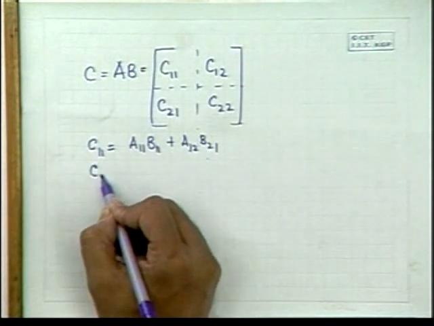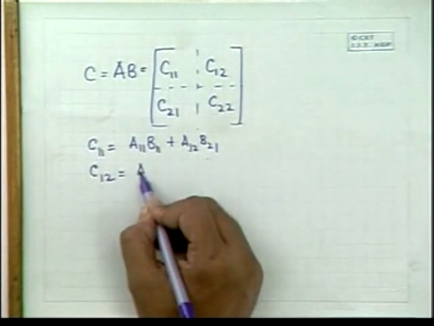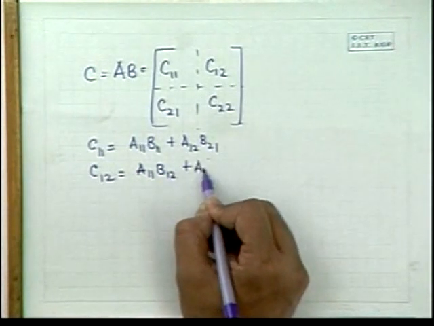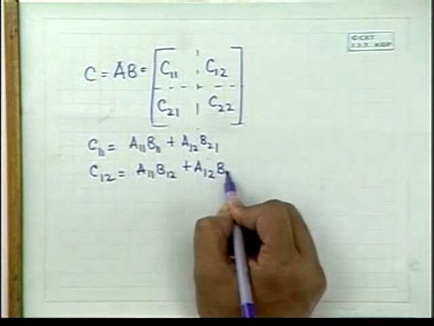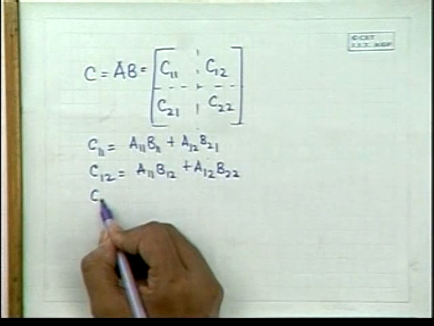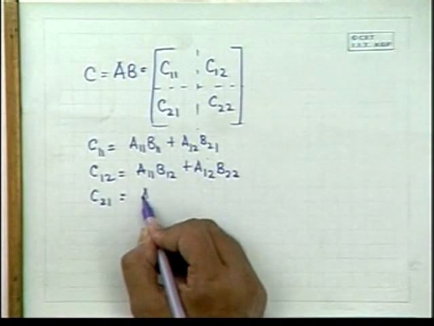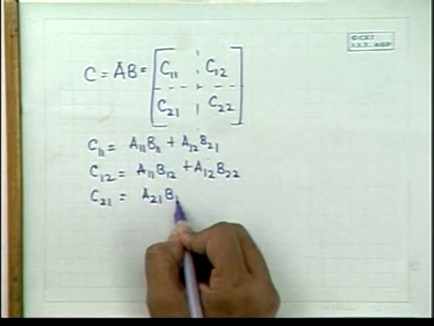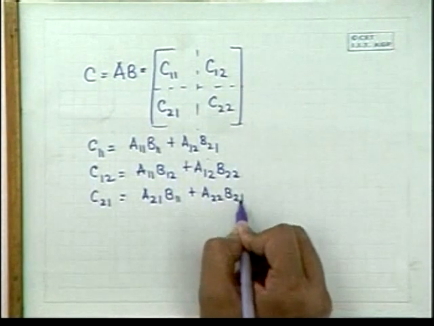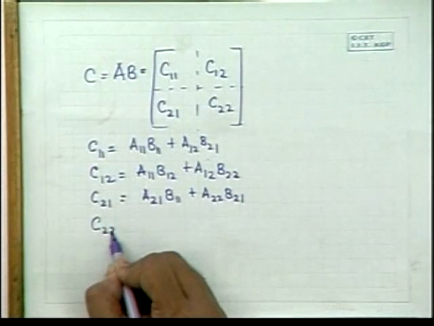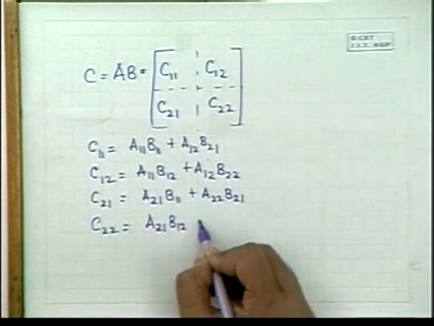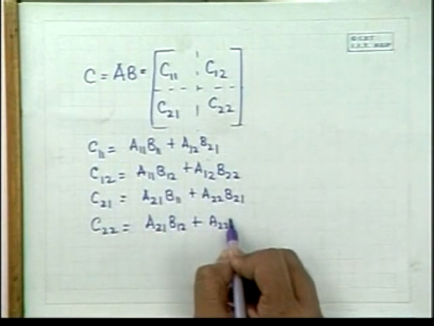Similarly, C12, you will find is nothing but A11 B12 plus A12 B22, and C21 is A21 times B11 plus A22 B21. C22 is A21 B12 plus A22 B22.